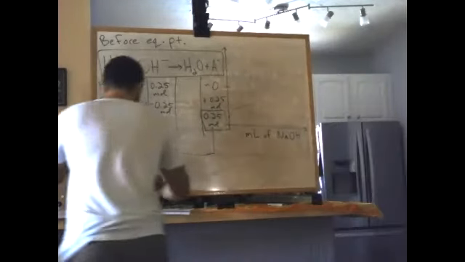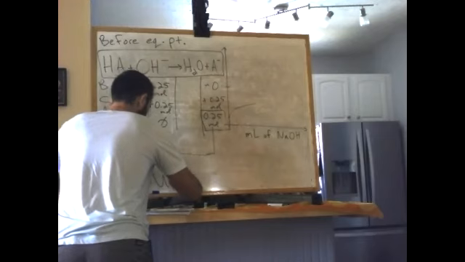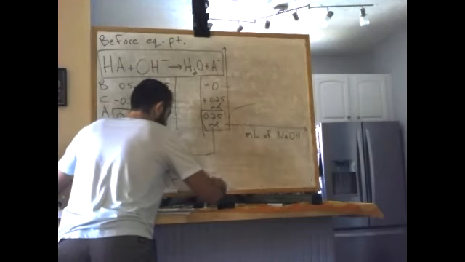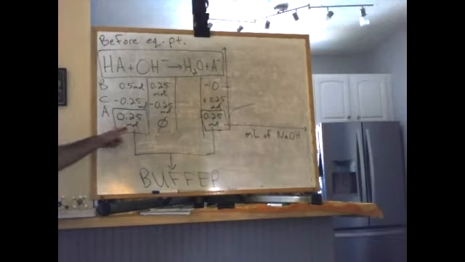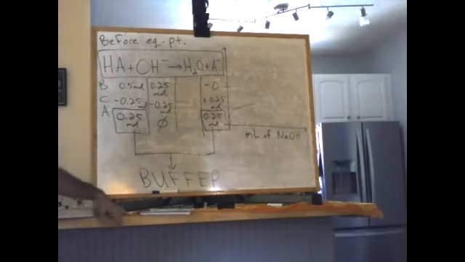And this type of solution, as you know from lecture, is called a buffer. A buffer is a solution in which we have a significant amount of a weak acid and its conjugate base both present. What is an important property of a buffer? Well, a buffer resists a change in pH.